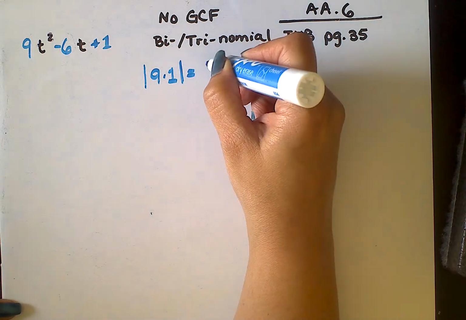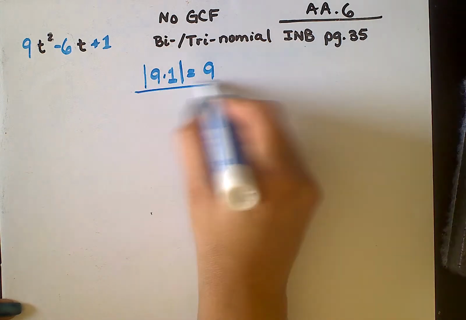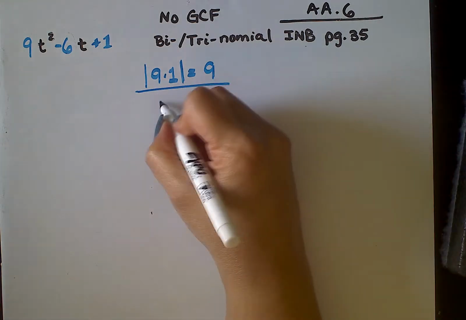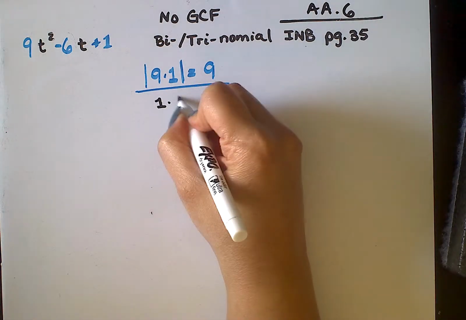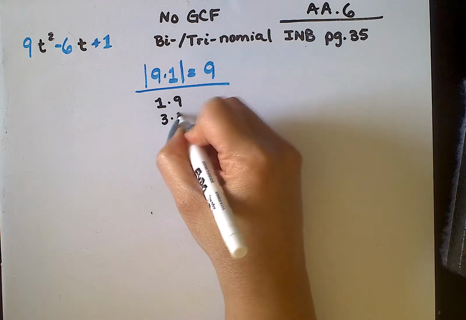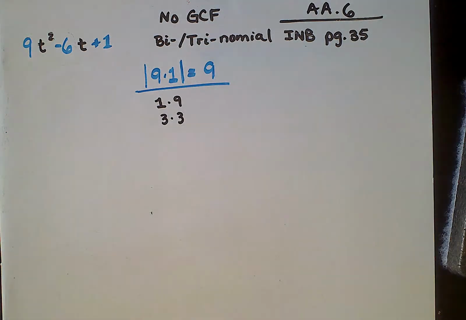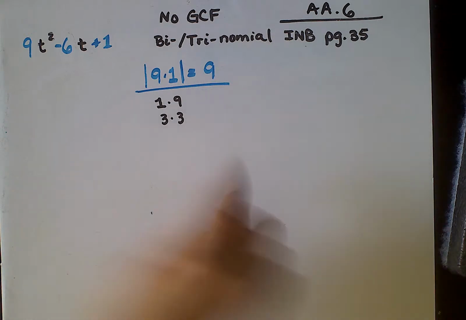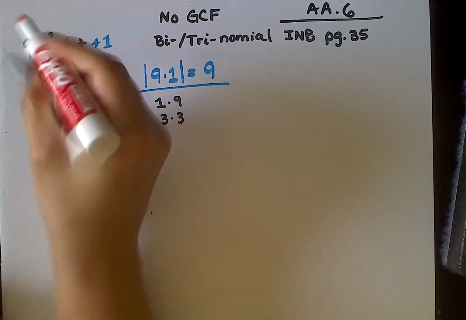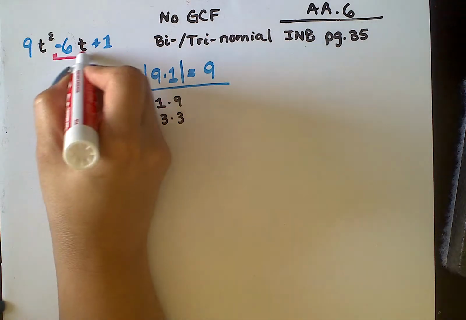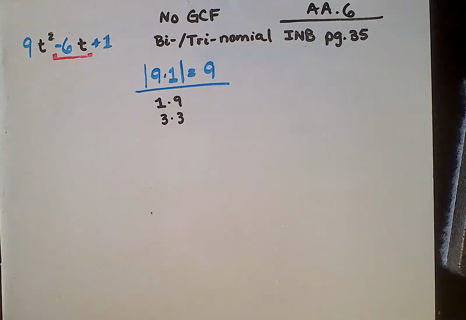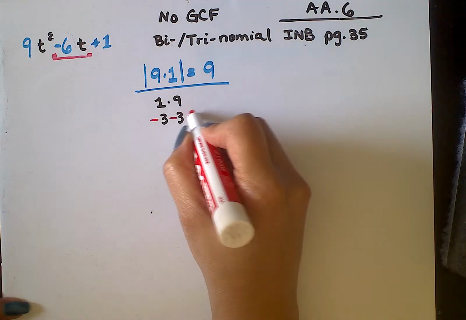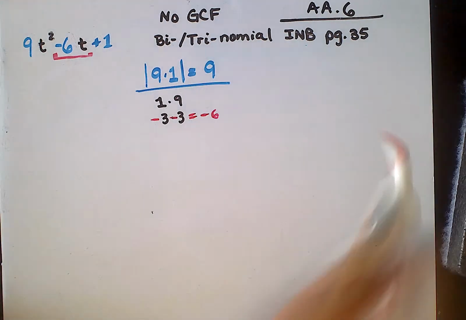Absolute value of 9 is 9. So we're going to write out all of the factors of 9, starting with 1 times 9 and 3 times 3. Now that we've multiplied these two numbers, we find which of these pairs will give me my B value, negative 6. And obviously, negative 3 minus 3 equals negative 6.